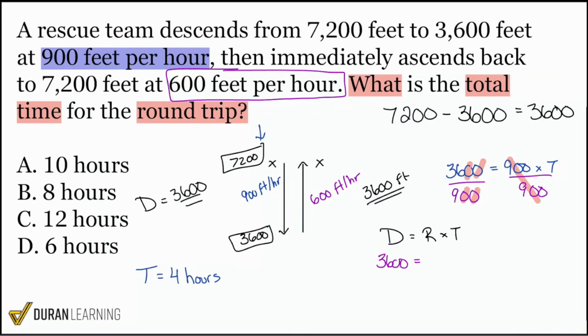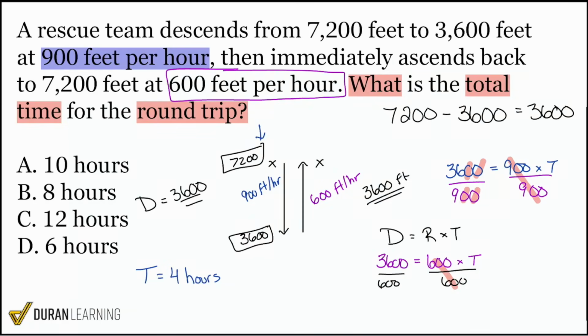Then the rate at which we climb, that would be 600 feet per hour. And then from there, we're going to multiply that by the time period. And that's going to be division by 600 on both sides. Nice and easy on both right there. Cancels on the right. And everyone, 3,600 divided by 600. That's going to leave us with what?